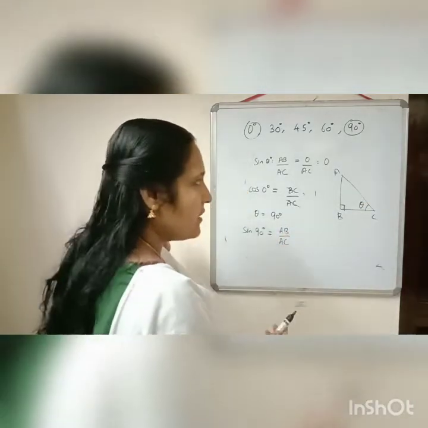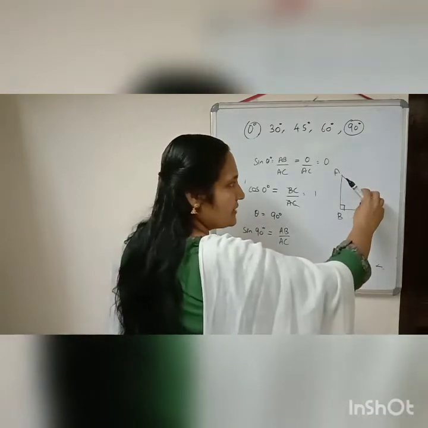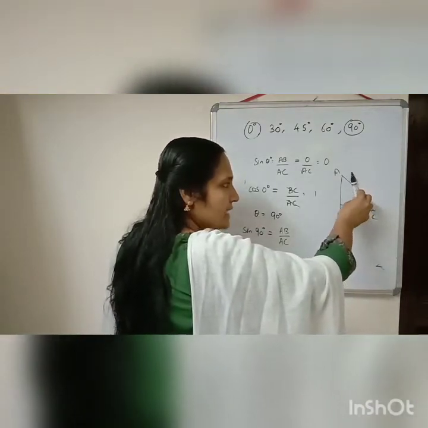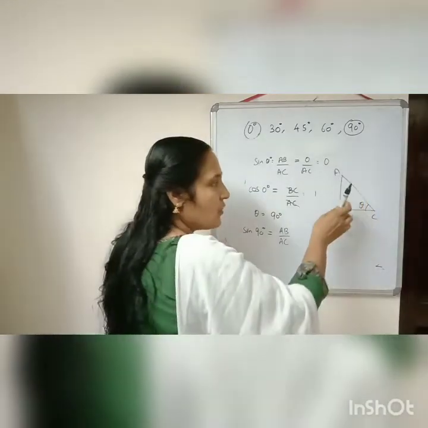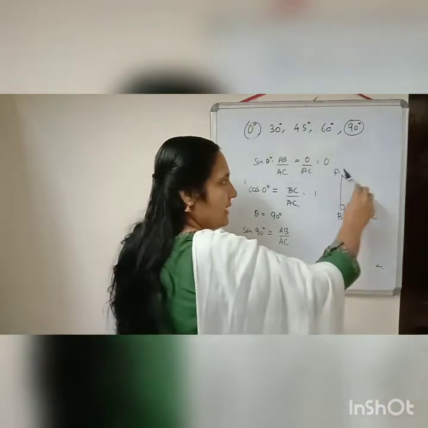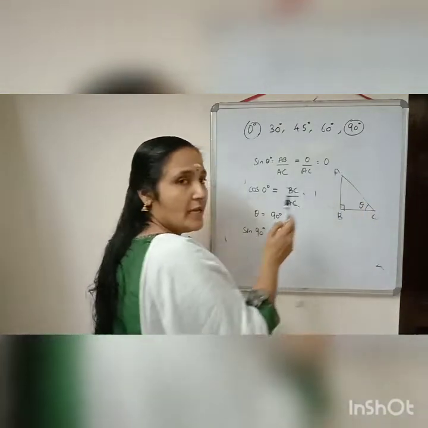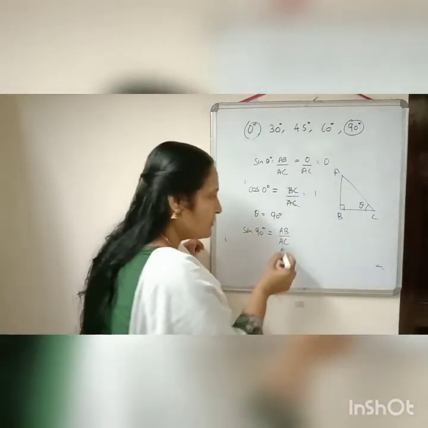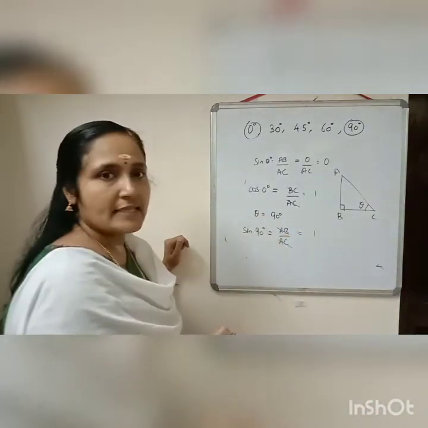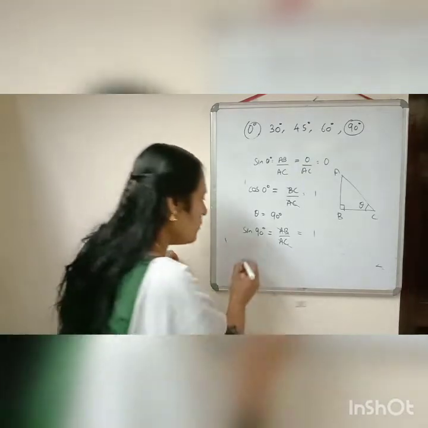So just to check, when we need the value of theta as 90 degree, theta should coincide with which one? Should coincide with angle B, meaning AB and AC should be equal in length. So if their length is equal, we can cancel both and we will get sine 90 degree is equal to 1.